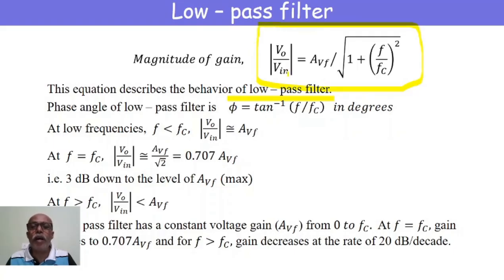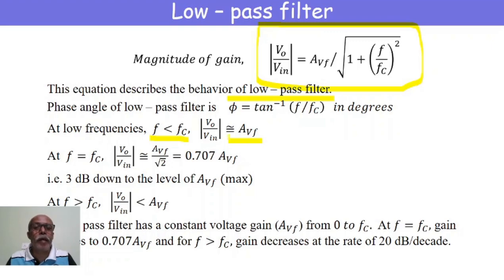Now, at low frequencies, f will be less than fc. If f is less than fc, then V0 by Vin will be nearly equal to AVF, the voltage gain with feedback.